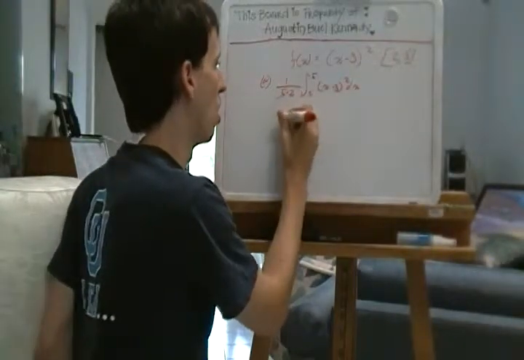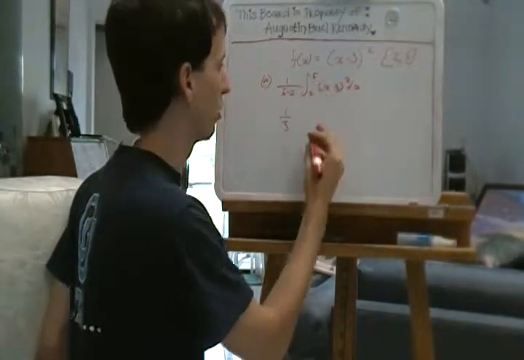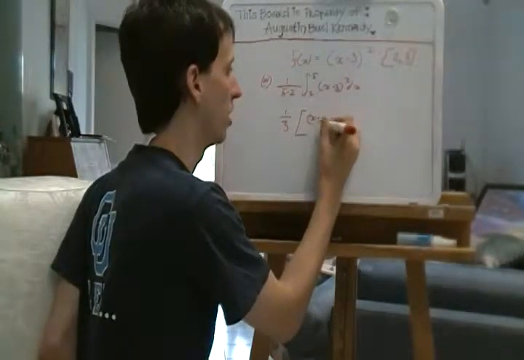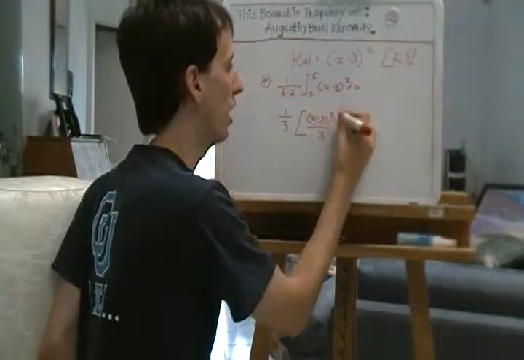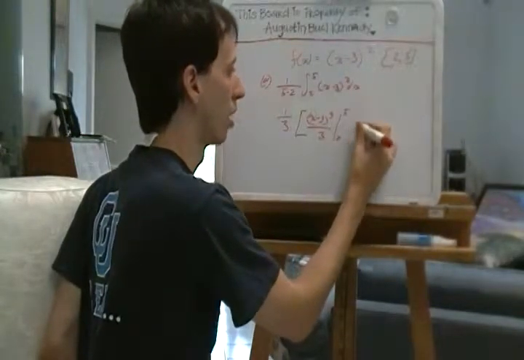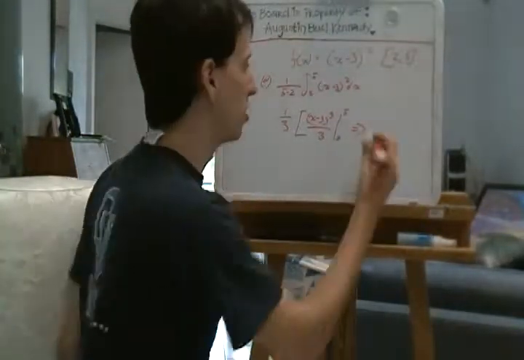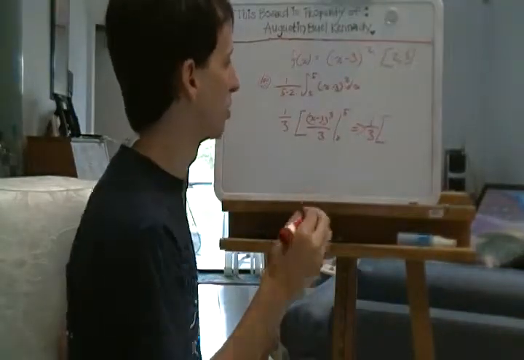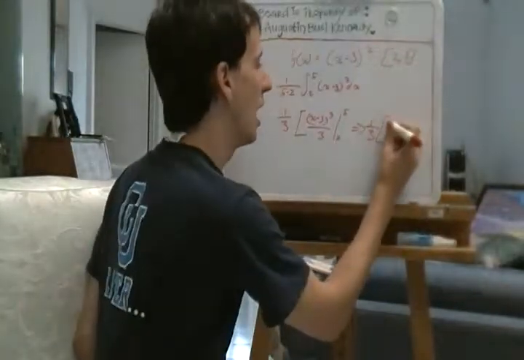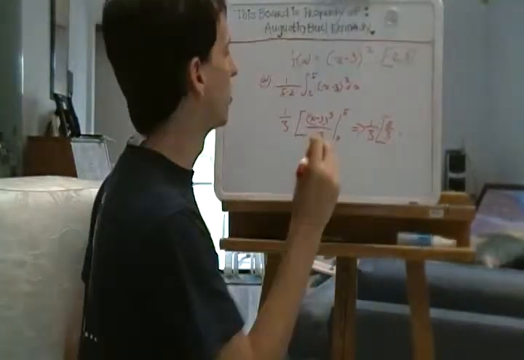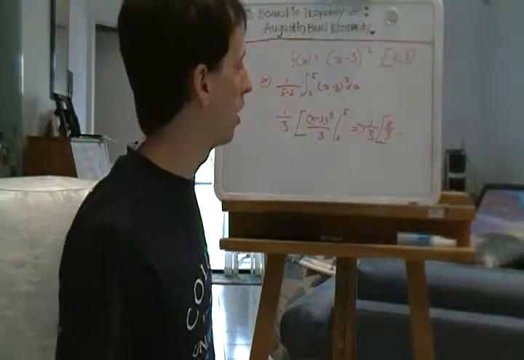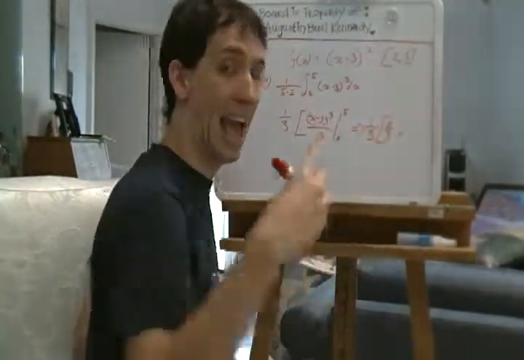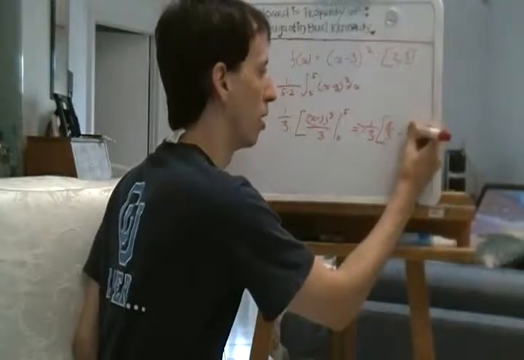Now, the second step, 1/3, we're going to use the fundamental theorem of calculus here. So it's going to be (x minus 3) quantity cubed over 3 between 2 and 5. We're going to plug those numbers in. You'll find that you get 1/3 times: 5 minus 3 is 2, cubed is 8, so 8/3, minus, 2 minus 3 is -1, -1 cubed is -1, so -1/3. We change the minus to a plus, plus 1/3.